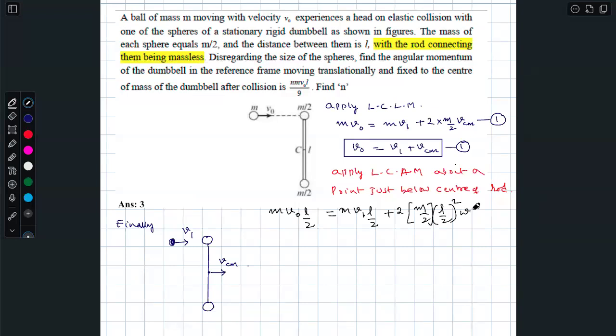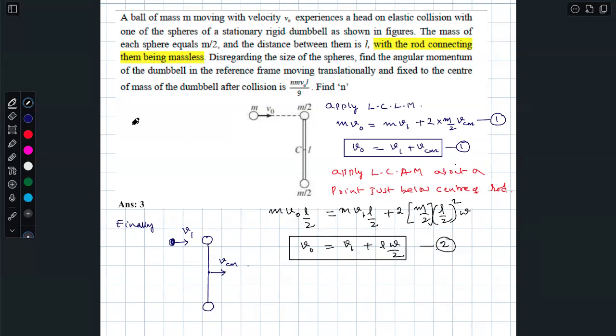There should be another term, R_CM cross M V_CM. You are just below the center of the rod, so R_CM is 0. You don't need to write that term. So after careful observation, you will get v0 is equal to v1 plus L omega by 2.